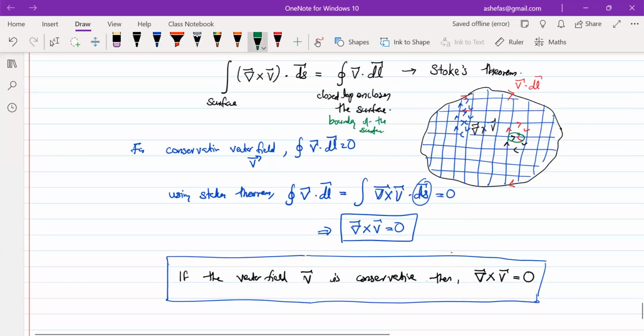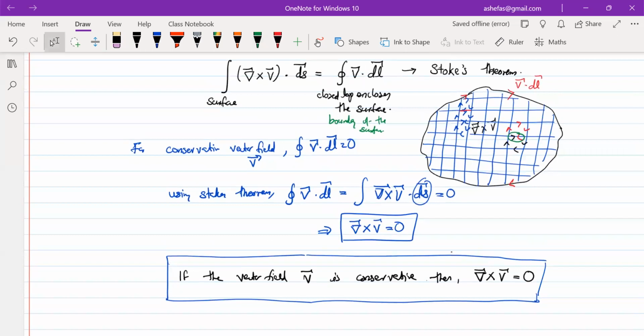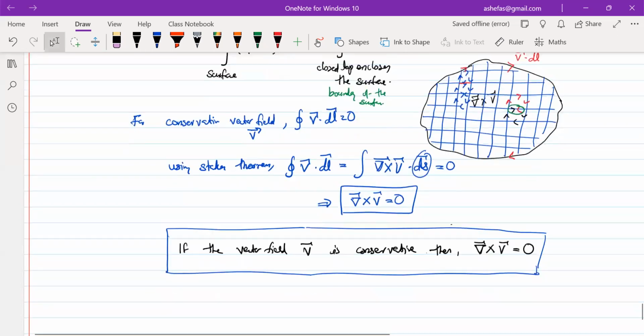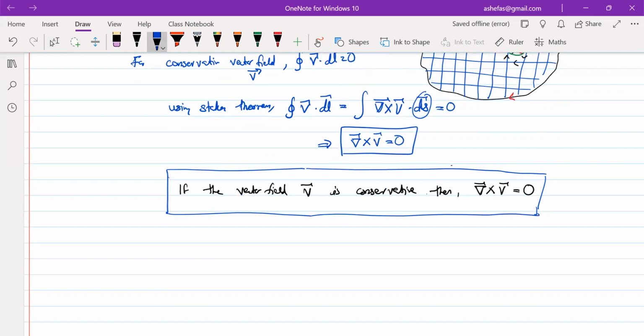Okay, so if the surface itself is closed, then what would happen? If the surface is closed, then there is no loop which encloses the surface. So that means if you are integrating del cross V over a closed surface, it is always zero.